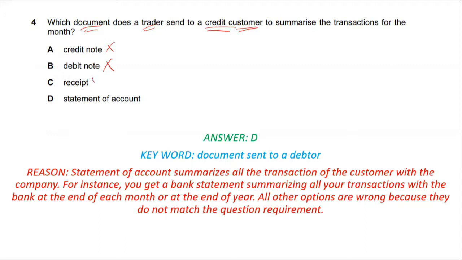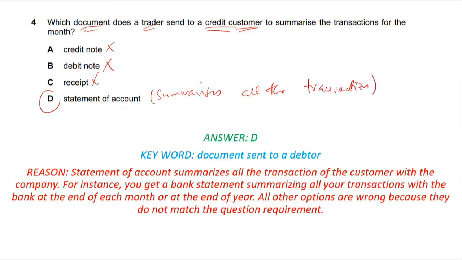Receipt? No, that is entirely another document. So these are all some nonsensical options, I would say. Hence, the answer to this question is immediately D, because A, B, C are absolutely wrong. Statement of account summarizes all the transactions.